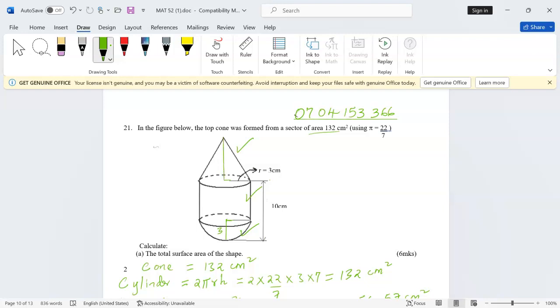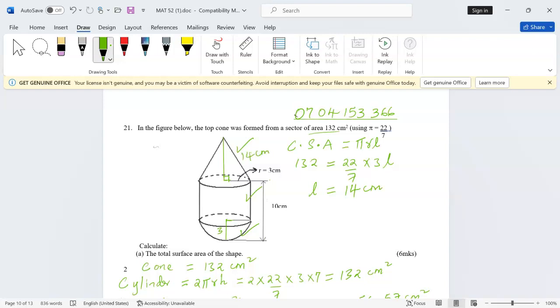Because the curved surface area of the conical part is known, and the curved surface area of a cone is given by pi r l, 132 is given by pi times r times l, the slanting length, which is not known. The slanting length will be exactly 14 centimeters.